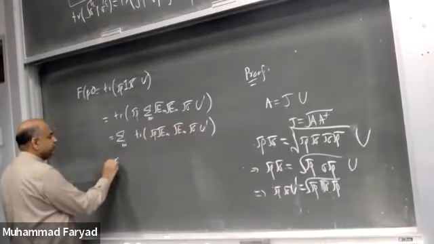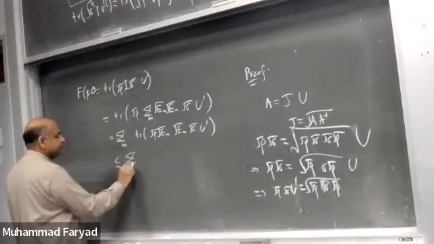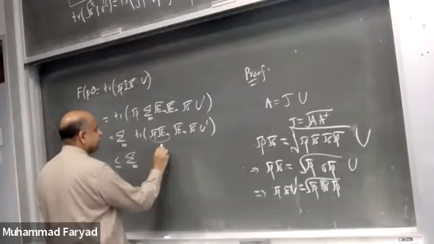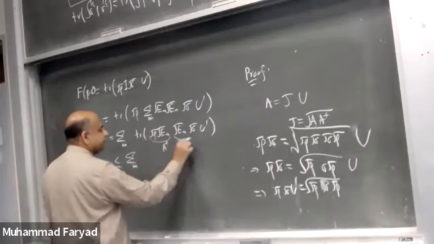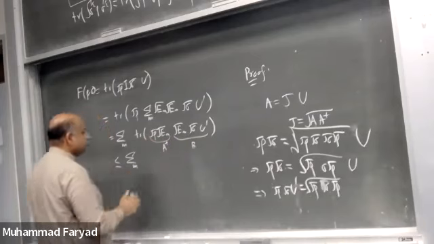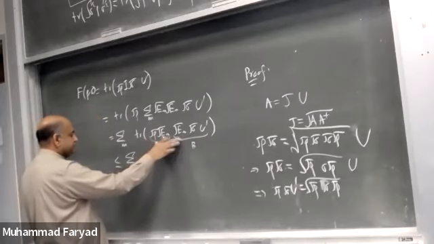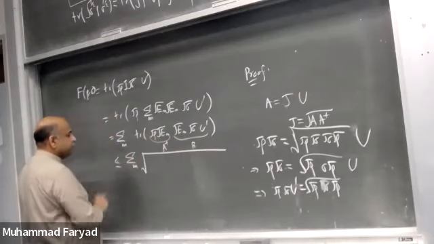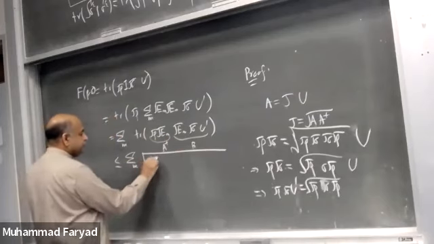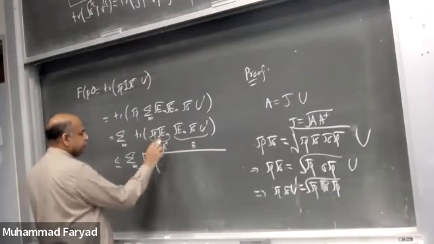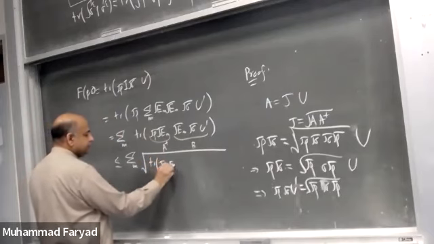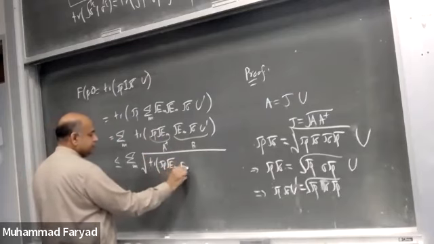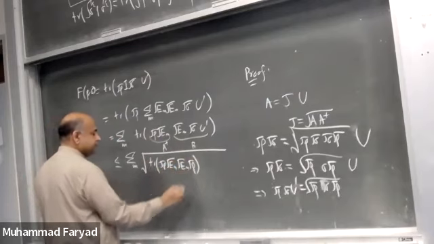And now I can use the Cauchy-Schwarz inequality for the Hilbert-Schmidt inner product, thinking of this as my A dagger, thinking of this as B. So this inner product is smaller than or equal to the inner product of A dagger A. So this is A dagger, and its A would be E_m this.